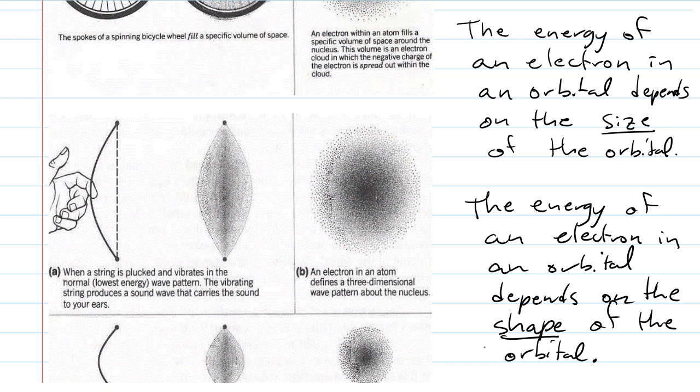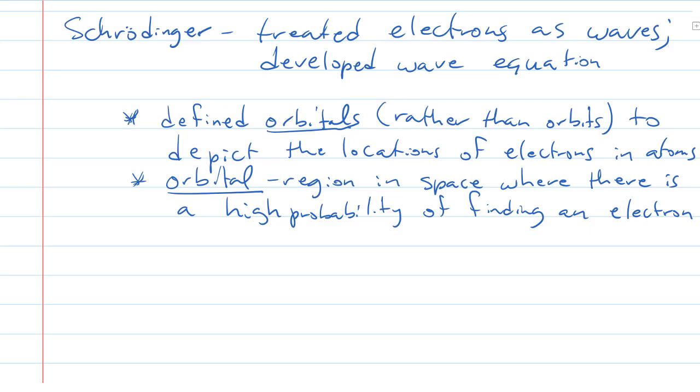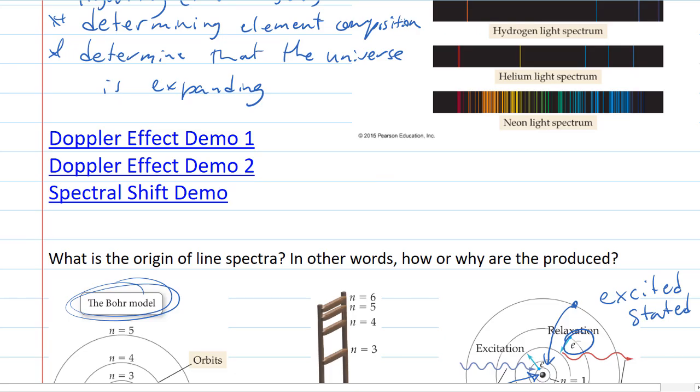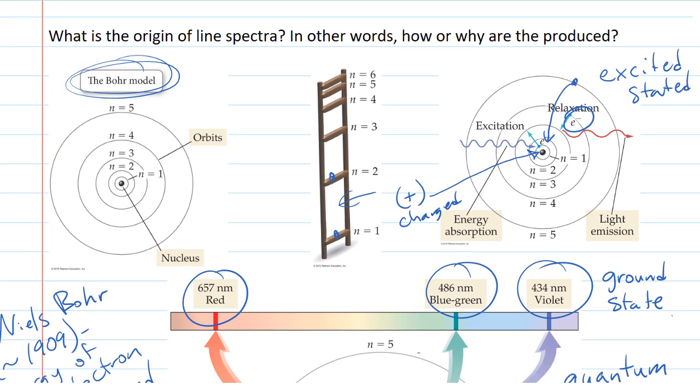So let's first of all talk about why the energy depends on the size. We could go back to the Bohr model, even though the Bohr model isn't accurate. The Bohr model talked about orbits rather than orbitals. But if we went back to the Bohr model, if these orbits were further away from the nucleus, what would that do to the energy of that electron?